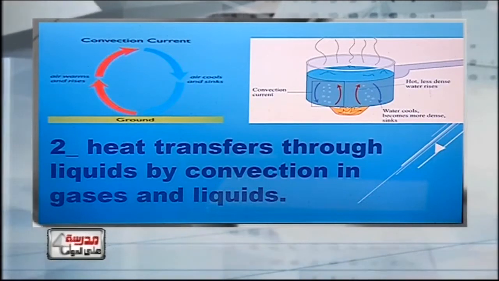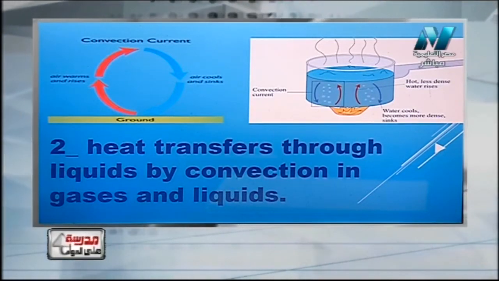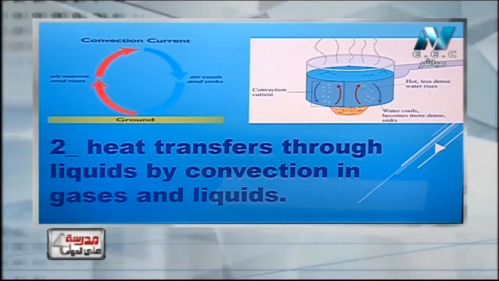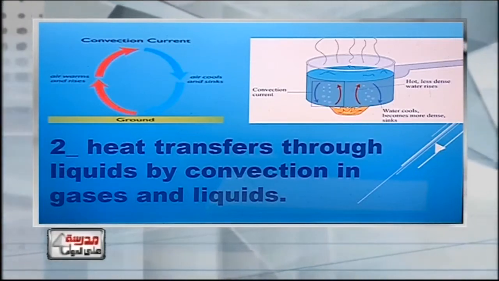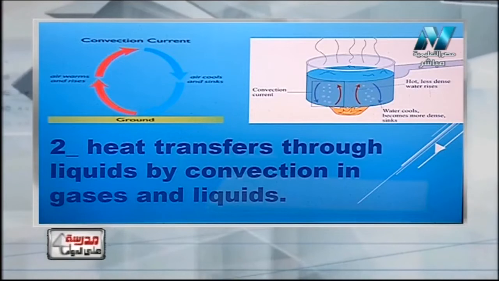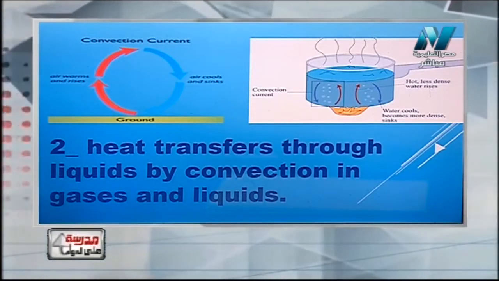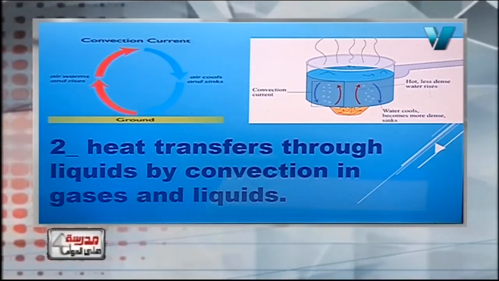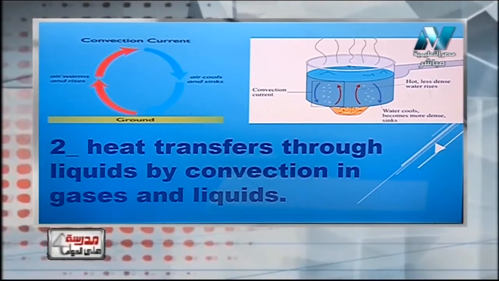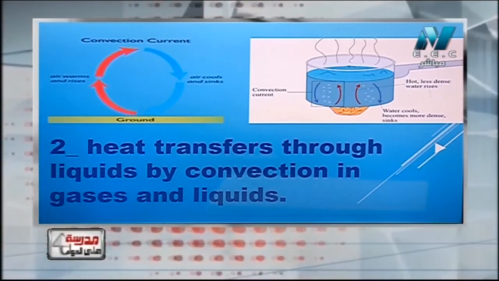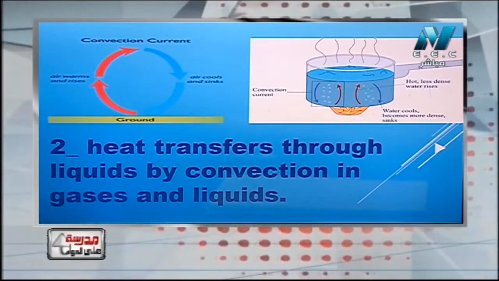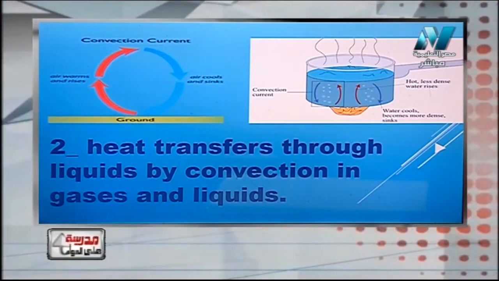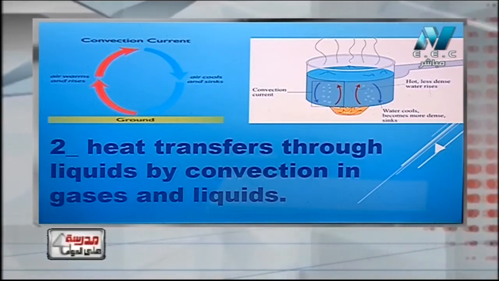Number 2, the second way: heat transfers through liquids and gases by convection. In solids, heat transfers by what? By conduction, and by convection in gases and liquids. As you see on this picture, first one, a liquid that is put on a stove and is heated. The lower molecules get hot, and their density decreases, because volume increases, so density decreases.